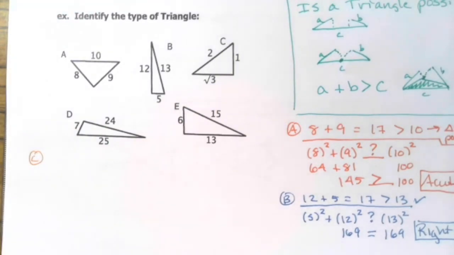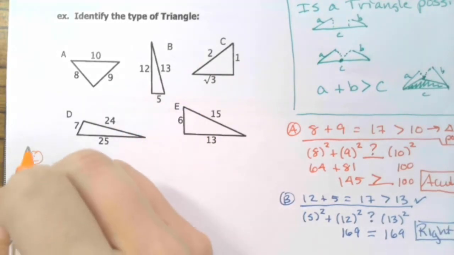All right, let's look at triangle C. Triangle C is kind of interesting because you really do need to know what square root of 3 is. Square root of 3 is something like 1.8, 1.9, something like that. So you actually do have a triangle that's possible. Let's do the test though.